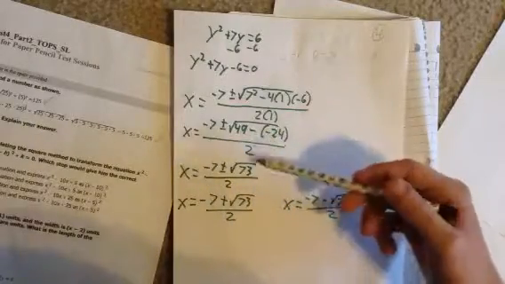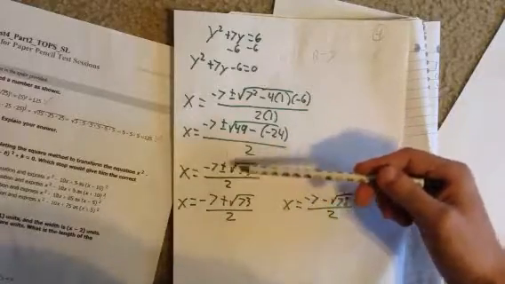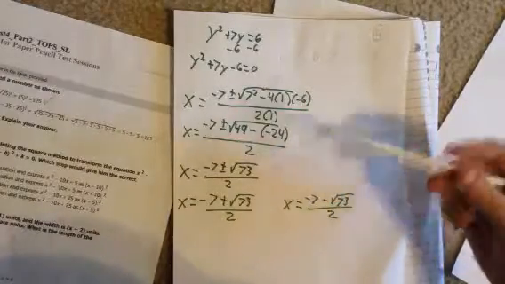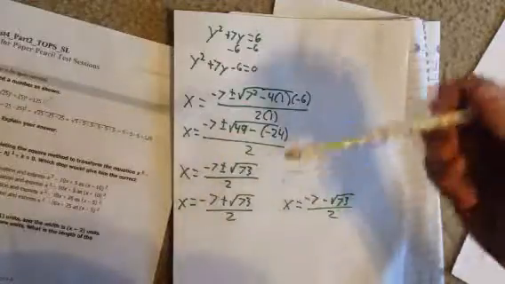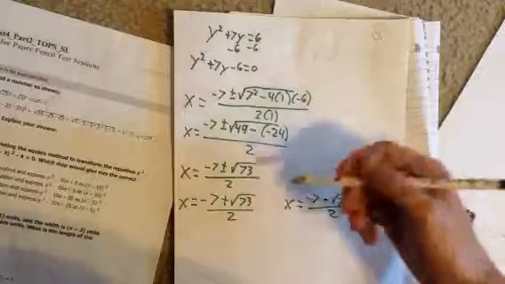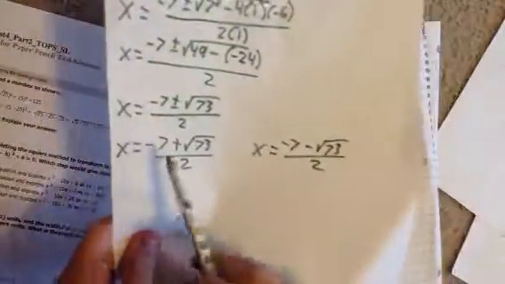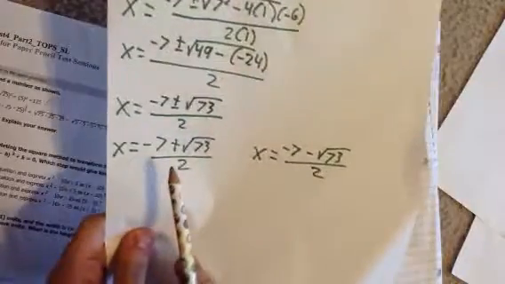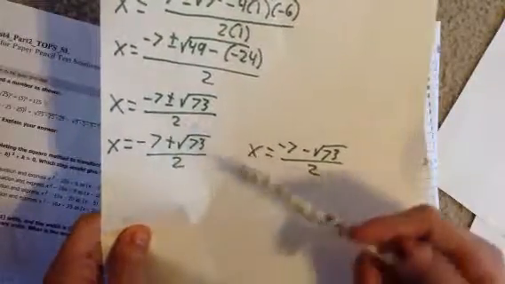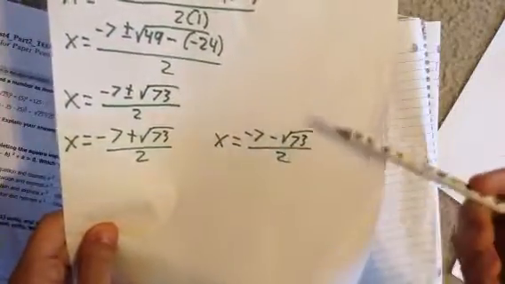Then I just kept simplifying that until I got x equals negative 7 plus or minus the square root of 73 over 2. And there is no perfect square for 73, so this is as simplified as you can get. So I just split it up into both of the answer choices. x equals negative 7 plus the square root of 73 over 2, and x equals negative 7 minus the square root of 73 over 2.